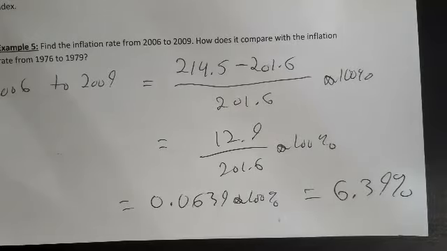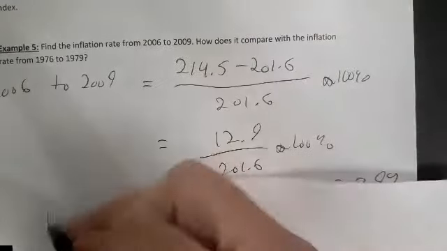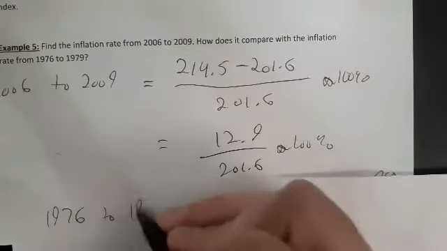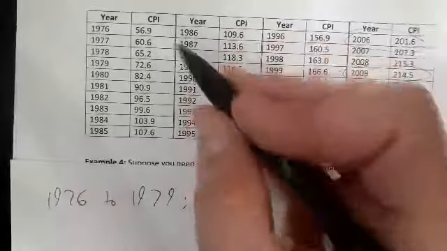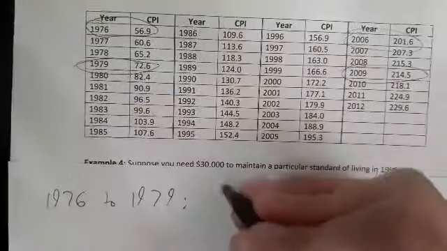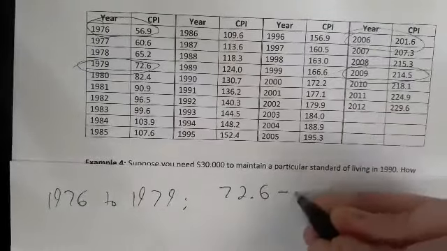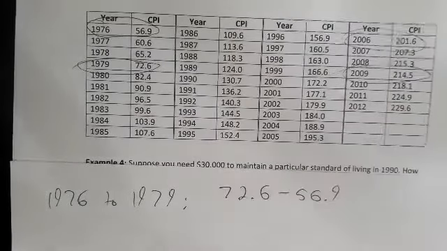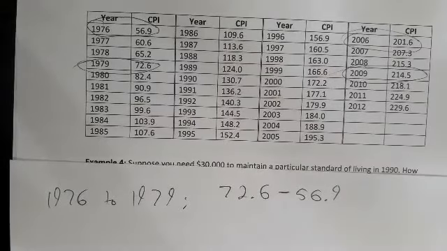And now the other thing they want us to calculate is from 76 to 79. We do that by looking up the table. 76 is here, 56.9. 79 is here, 72.6. So subtracting 56.9 from 72.6 gives me the difference, the rise.